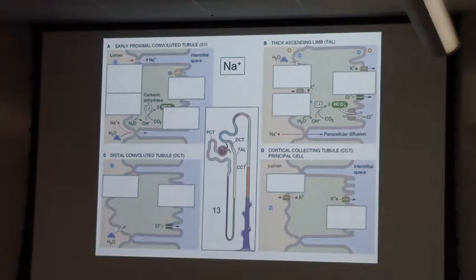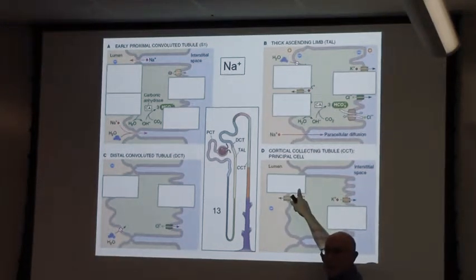Josh, you want to? In D, for the first box on the left, the sodium potassium 2-chloride cotransporter. In D, the sodium potassium 2-chloride cotransporter would not win you any points. What goes in here? ENaC. The epithelial sodium channel goes in here.